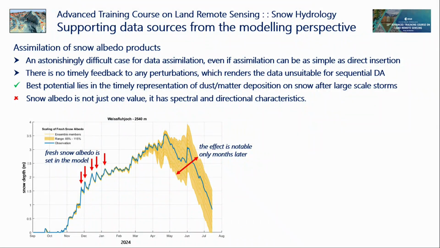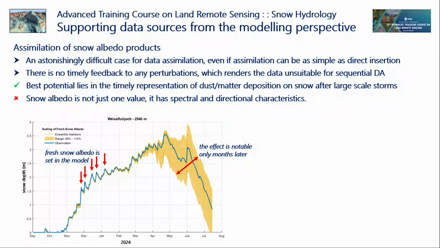But you don't see anything of that, because only the transition from dry isothermal to liquid water content then has an effect on the snow depth, because of the advanced compaction with the presence of liquid water content. So the problem is you perturb a parameter and you don't see any effect, and you have to wait 3 months until you see an effect of what you did way, way earlier.